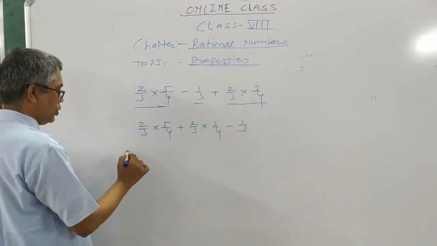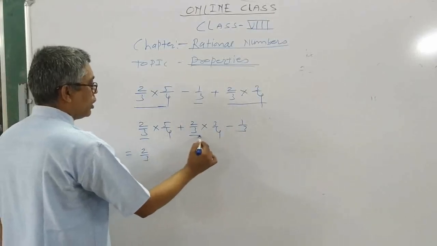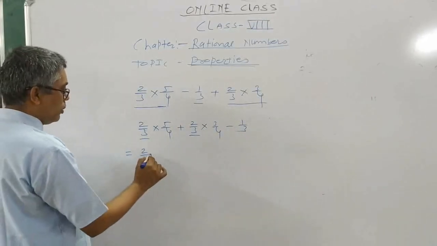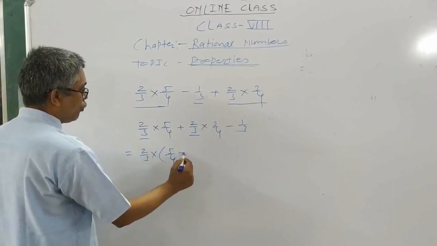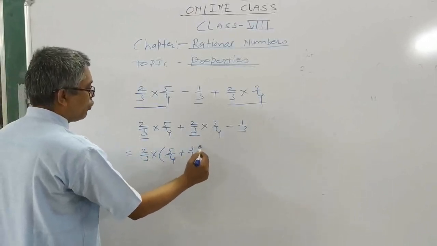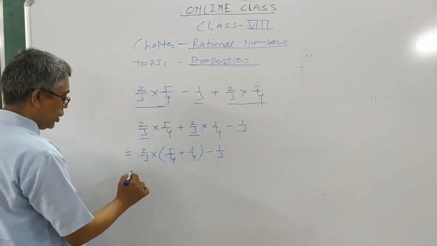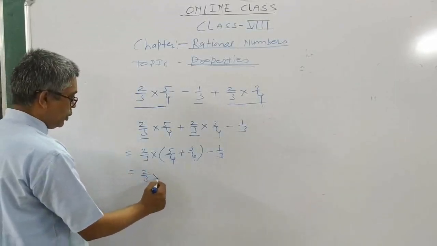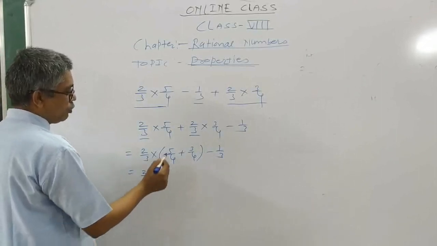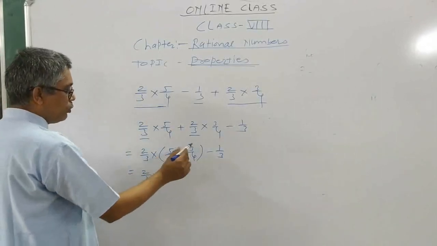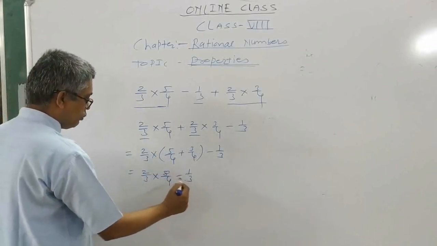So here what we get, we have to take out 2 by 3 common. If we take 2 by 3 common, then in bracket we get 5 by 4 plus 3 by 4, and minus 1 by 3 is here. So again 2 by 3 into, here denominators are same, so we add numerators. So 5 plus 3 is 8, that is 8 by 4 minus 1 by 3.